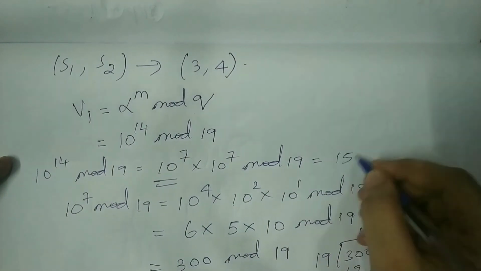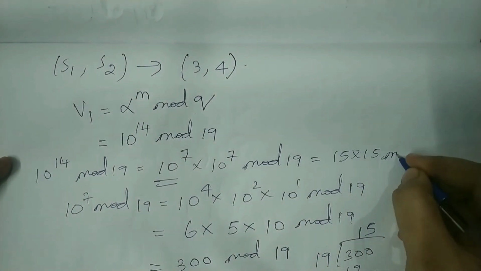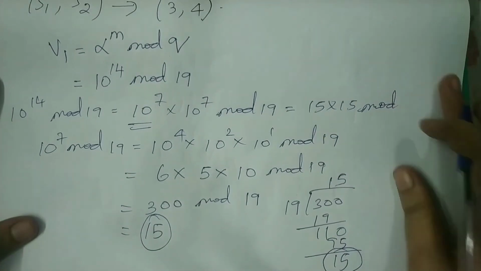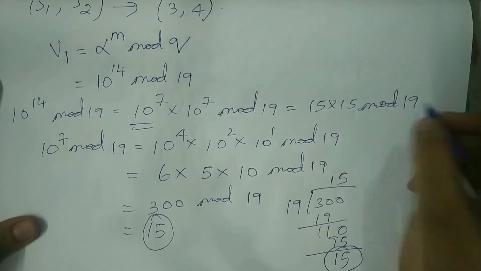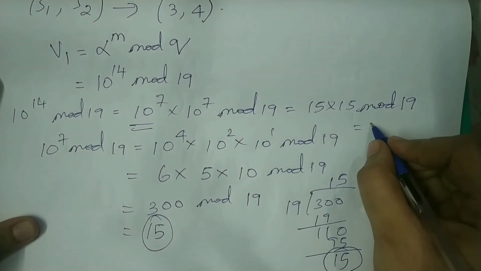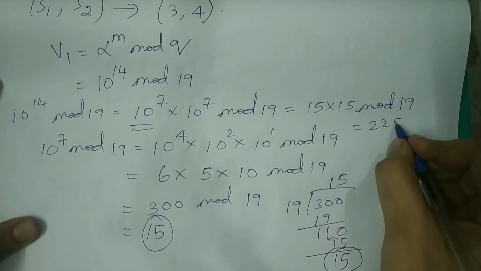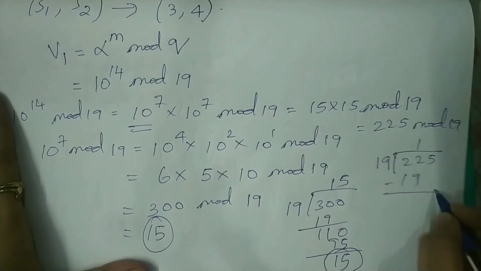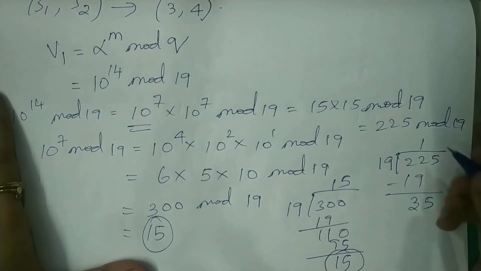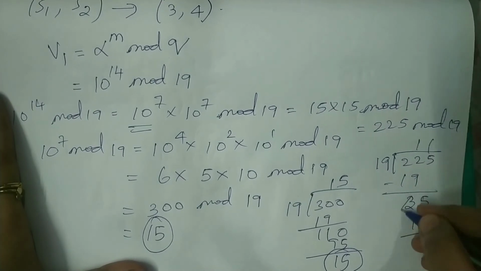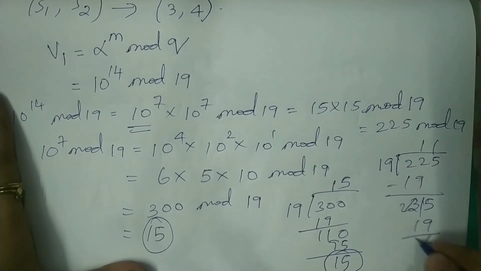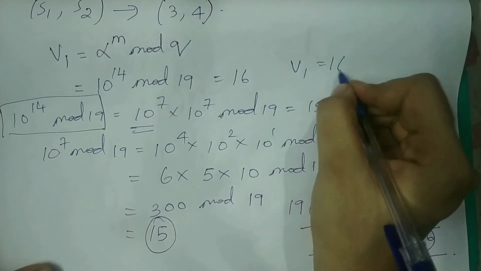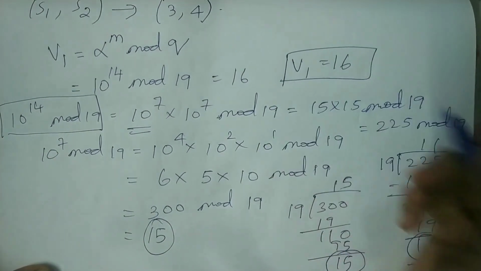So 15 into 15 mod 19, which is equal to 225 mod 19. So therefore V1's value is equal to 16.